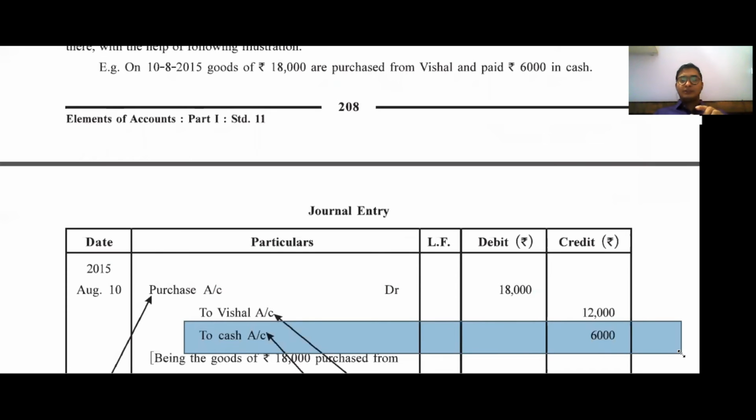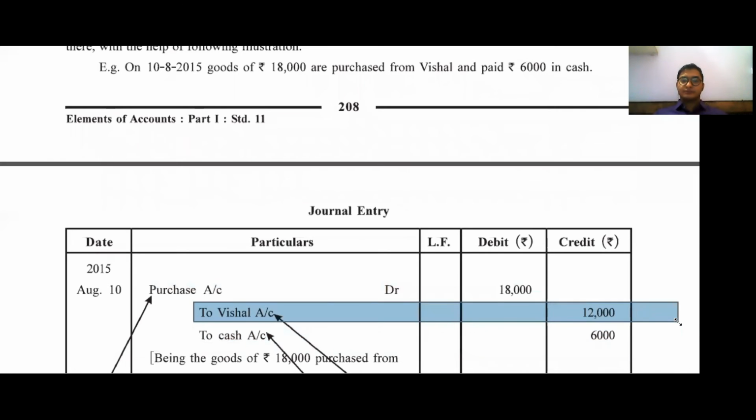So 12,000 creates a specific relation called creditor. So for the difference amount, name of creditor, Vishal account credit for 12,000. So here, journal entry: purchase account debit 18,000, Vishal account credit 12,000, cash account credit 6,000.